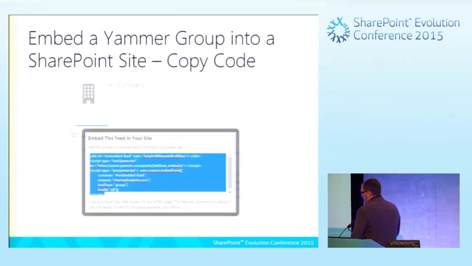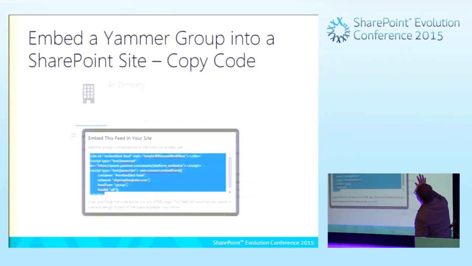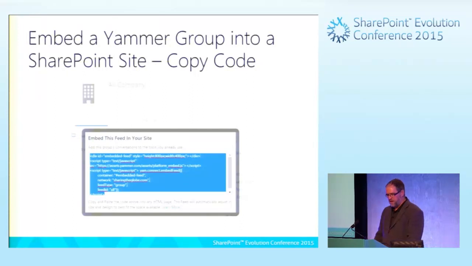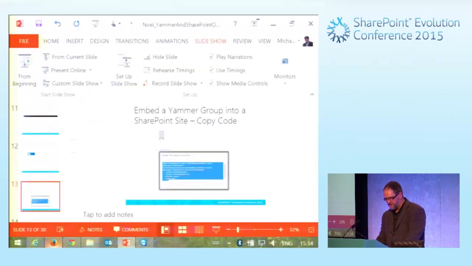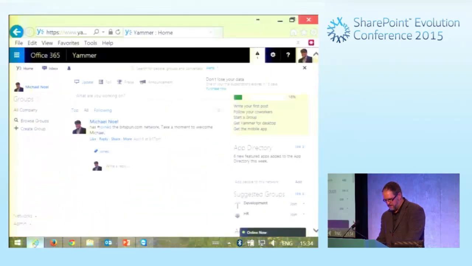Okay, so again, the process itself is relatively straightforward. You go into your Yammer site. You pick whatever particular group you want to embed into your SharePoint location, and then you essentially just click a link that says get an embed feed. So let me see if I can do this. Where's my Yammer site here?